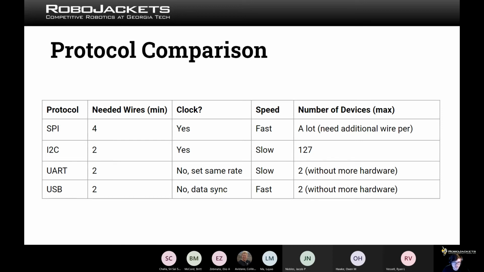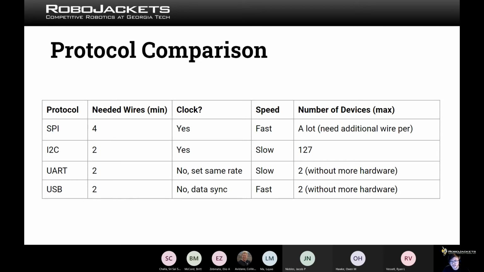And then our last one is USB. So we do need 2 wires. There isn't a clock, but because USB has become so ubiquitous for our computing devices, with the advancement of USB-C, it's actually relatively fast.